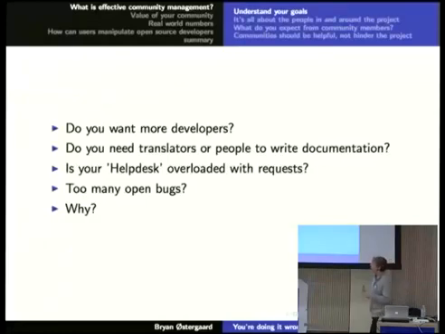So what you have to do first of all is figure out what you want from your community. There's a ton of things you might want from a community. If you talk to a lot of open source developers, they are going to tell you that, yeah, I want a big community. And that's it.